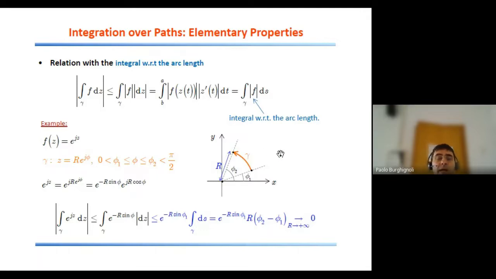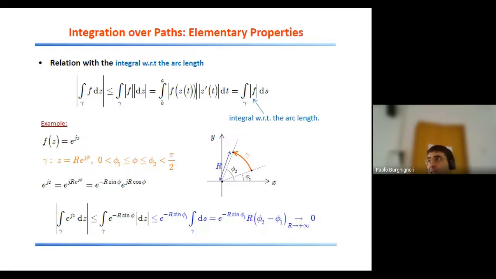Now, I gave you all the details of this calculation because that's a quite standard thing that often occurs in many calculations in the complex plane. That is, many times there are integration paths along curves that go to infinity, and often, not always, but often, the integral along those curves goes to 0 when they recede to infinity.